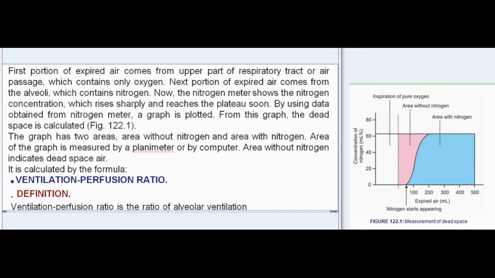By using data obtained from the nitrogen meter, a graph is plotted. From this graph, the dead space is calculated, Fig. 122.1. The graph has two areas, area without nitrogen and area with nitrogen. Area of the graph is measured by a planimeter or by computer. Area without nitrogen indicates dead space air.